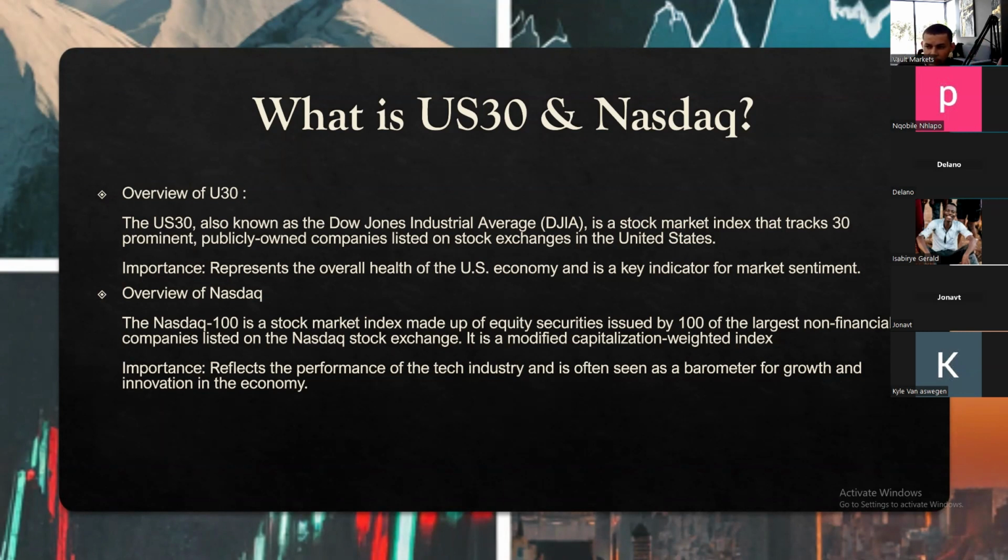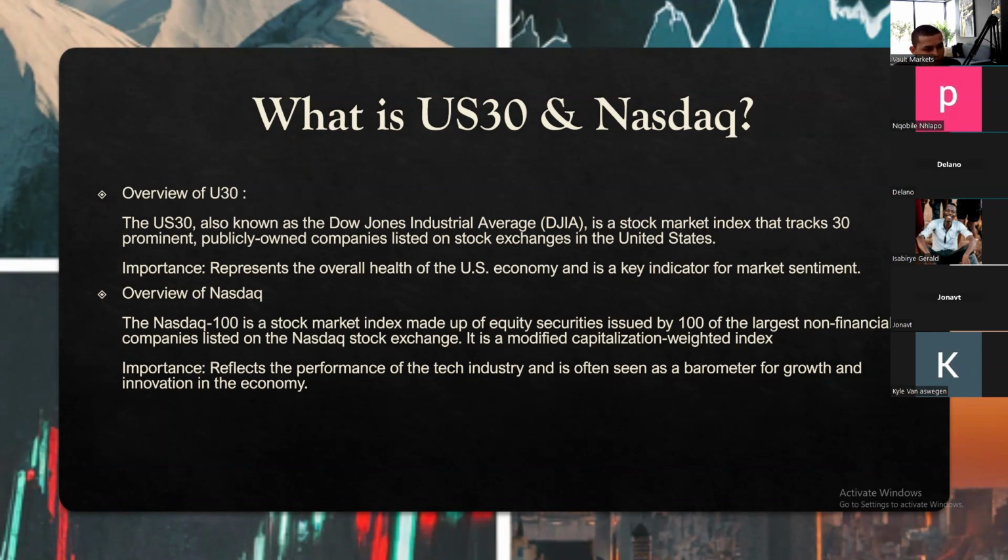I'll try and remember what I want to share with you here regarding the timings, but it will just be a fun fact which you can also include into your caliber of knowledge. So it's very important that the USDT represents the overall health of the US economy and is a key indicator for market sentiment. Okay, so that is USDT. Then Nasdaq is a list of the top 100 securities issued.